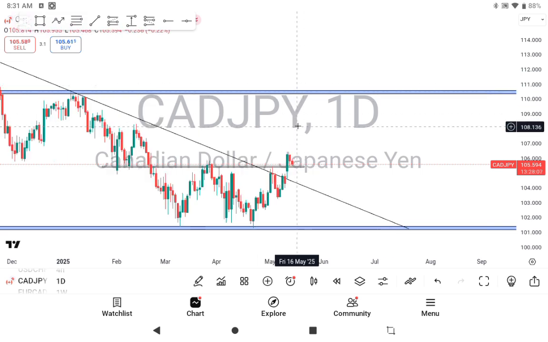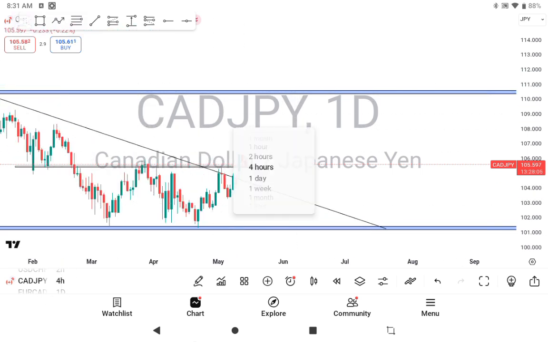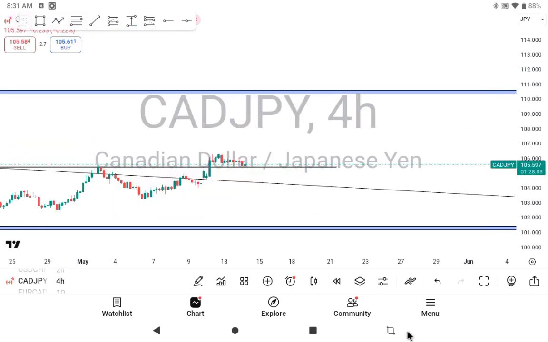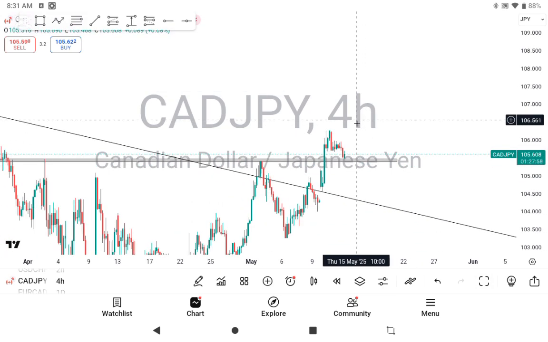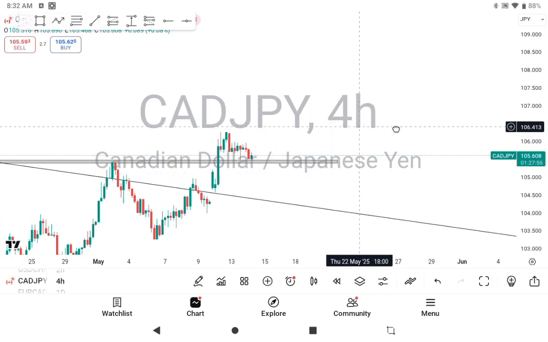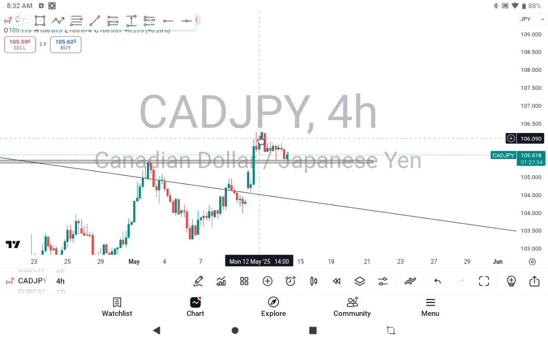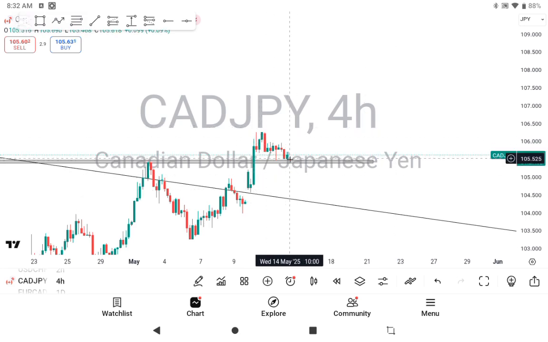So now let's go to the 4-hour time frame, where we can see more details. This was the breakout. It has retested that level and has now rejected that level.